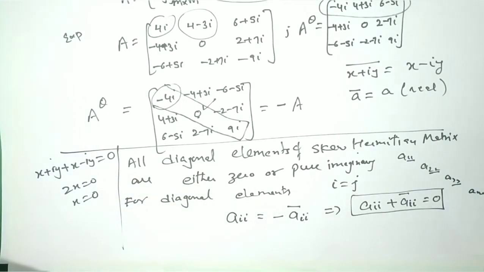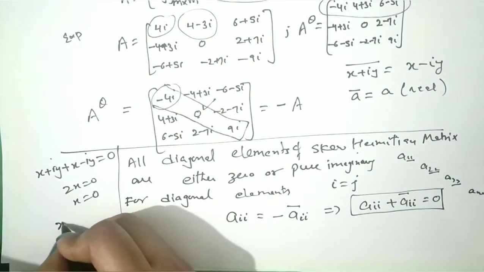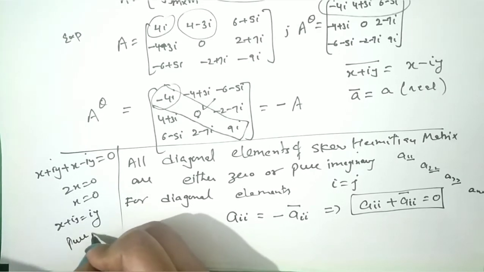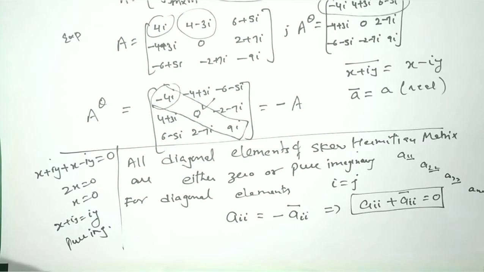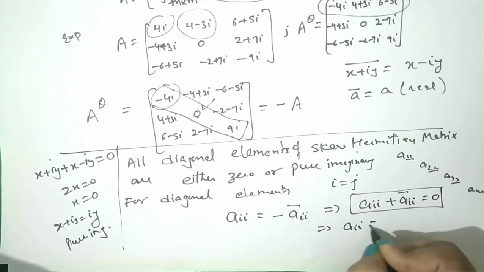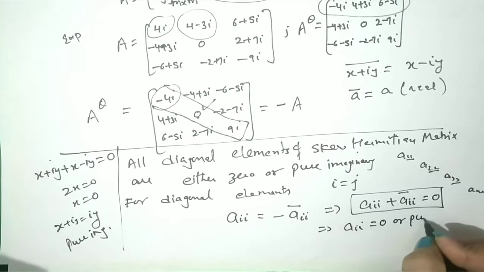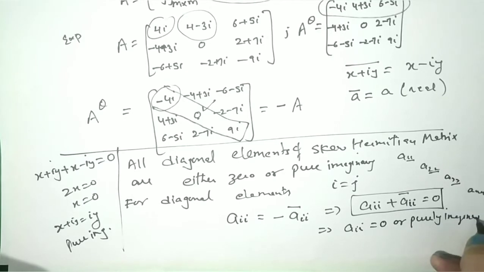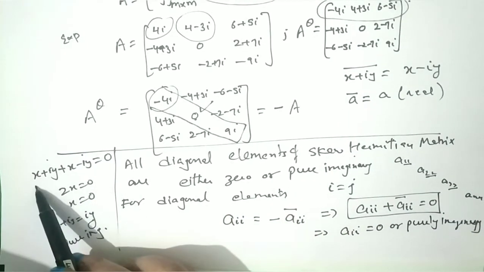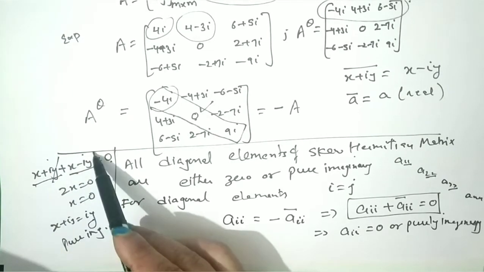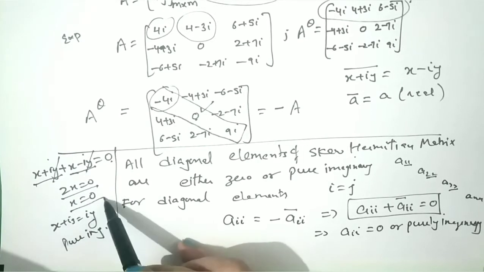That means the real part is 0. When the real part is 0, the number x plus iota y will be only iota y. That means it is a pure imaginary number, right? If y is also 0, then the number will be 0. So from this we can derive that the number aii is either 0 or purely imaginary, because if a number and its conjugate sum to 0, then iota y cancels with iota y, you have 2x equal to 0, meaning x is equal to 0.